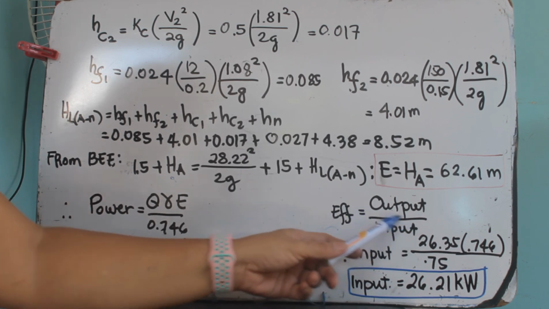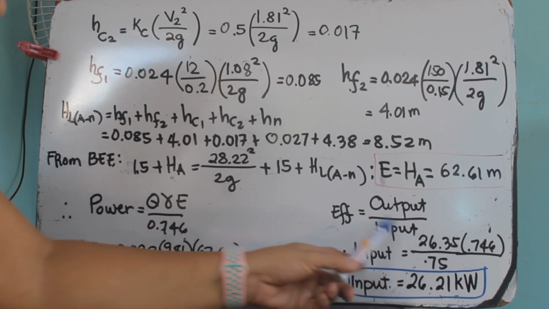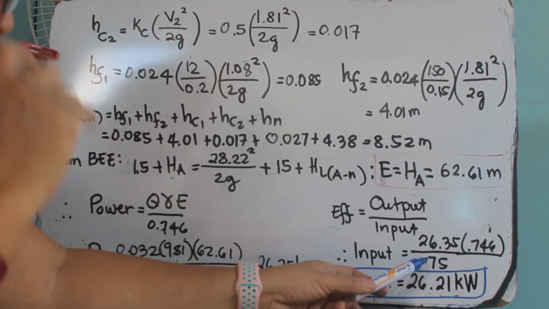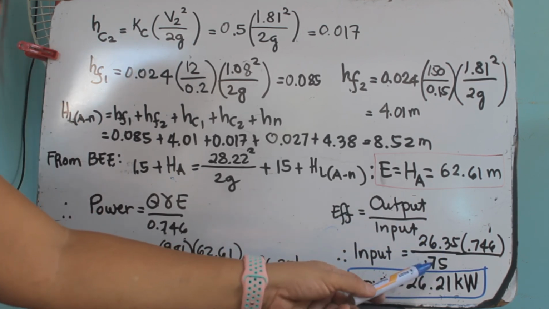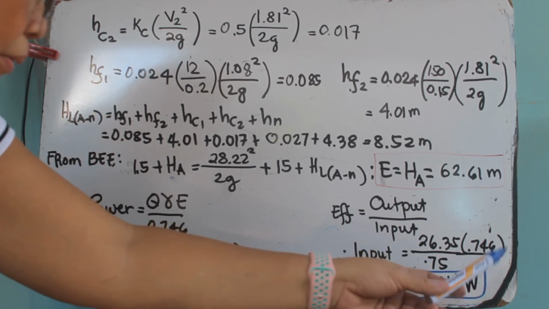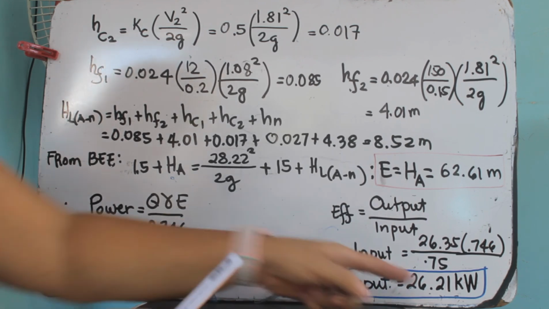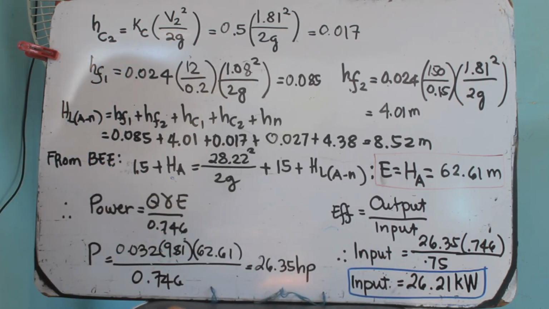So, solving for the input is the output supplied by the pump over the efficiency 0.75. Ito ay horsepower. Para maging kilowatts, ito siya. Okay? So, 26.21 kilowatts is the power input by the pump. Okay?